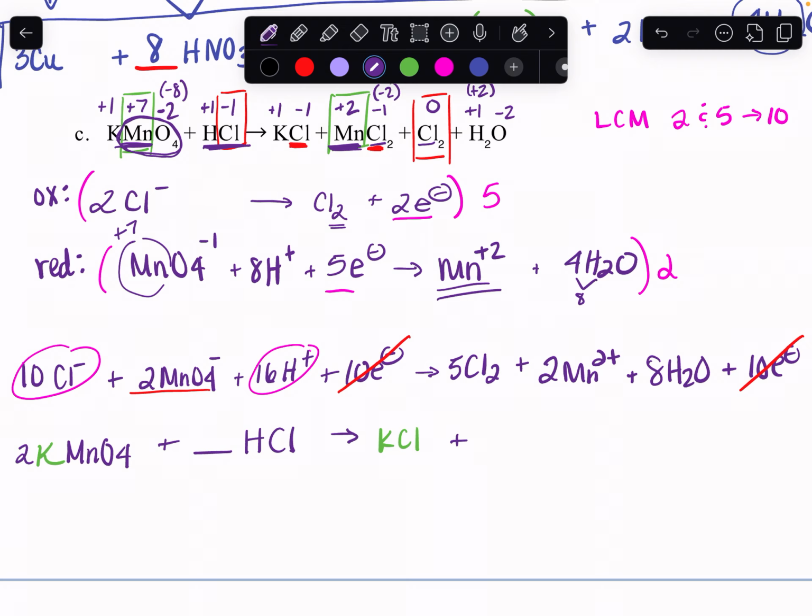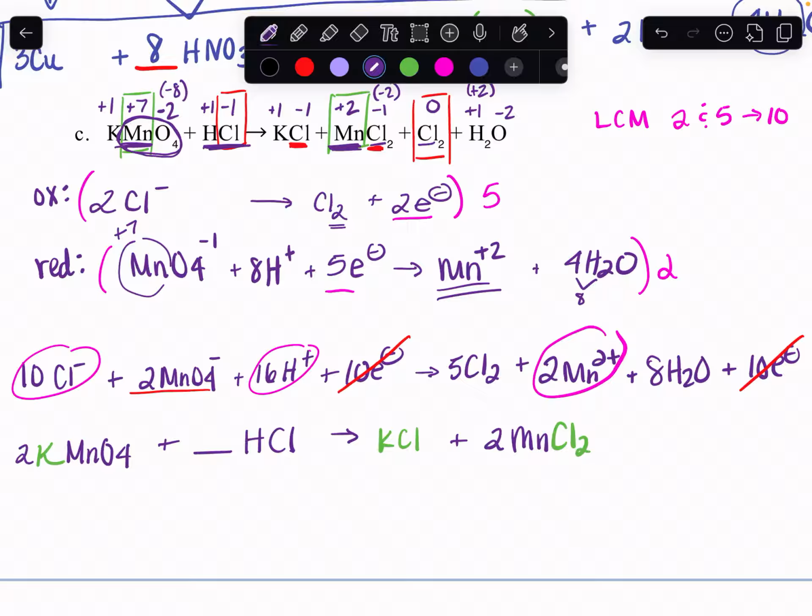And then I know I need manganese 2 chloride. That is coming from the manganese and from a spectator ion chlorine. So I'm going to go ahead and plop that 2 in there, 2 Mn, and then spectator ions Cl2. Cool.